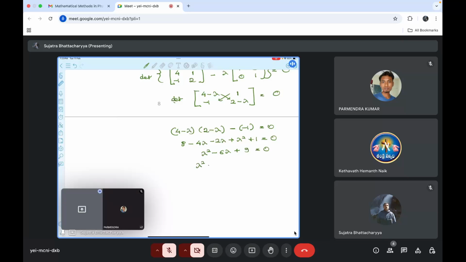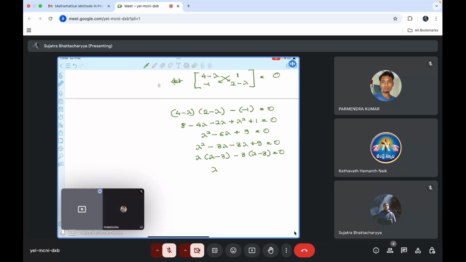So lambda square minus 3 lambda minus 3 lambda plus 9 equal to 0, or you can say (lambda minus 3)(lambda minus 3) equal to 0. So (lambda minus 3) whole square will be equal to 0. So lambda is 3 comma 3. Both the solutions are same.